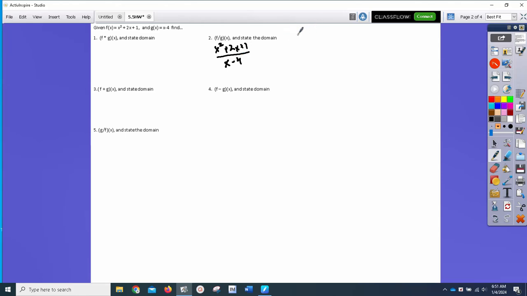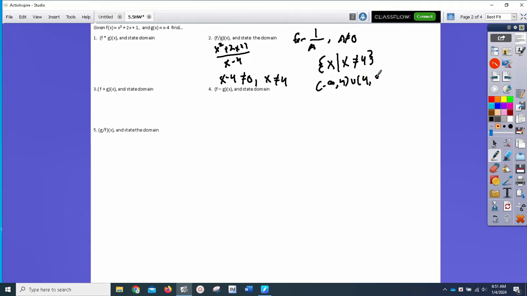Now I know that for 1 over anything, the anything cannot be 0. So I know that x minus 4 cannot be 0, which means that x cannot be 4. That's it. x isn't 4. If I like set builder notation, I'm all values of x such that x is not 4. If I like interval notation, I'm negative infinity to 4, union with 4 to infinity. That's how hard that one is.